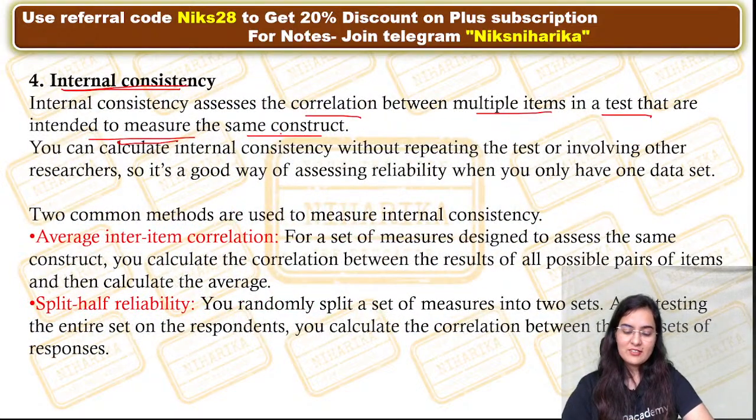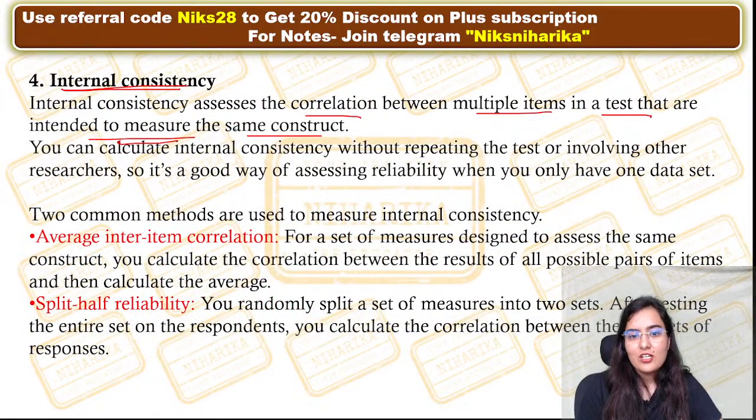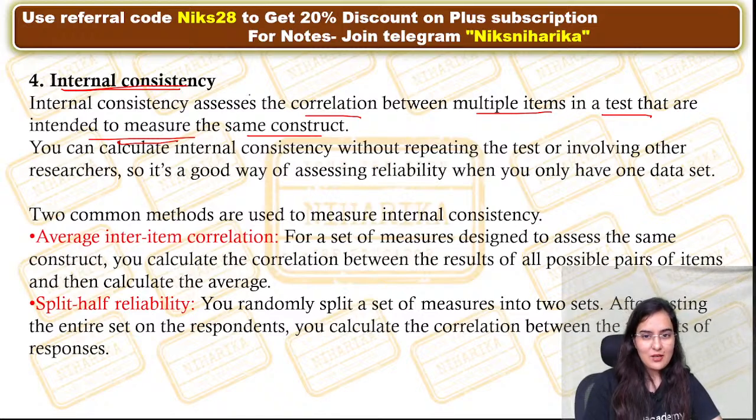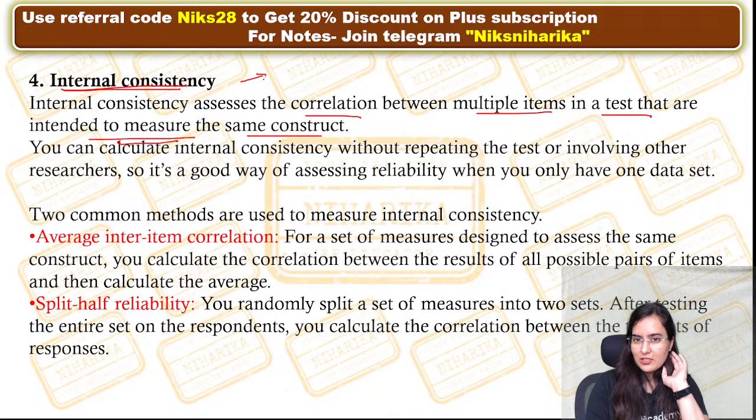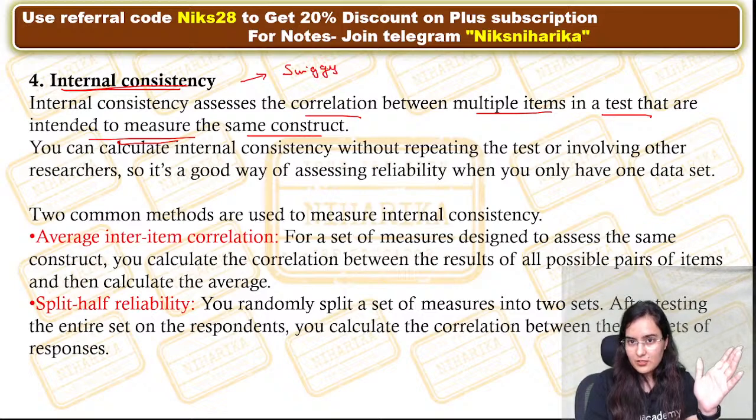Right? Now internal consistency. Here the best example which I find is internally. Internally you might feel, just like Swiggy, Zomato, they give the service, and then online shopping, or maybe Airtel, Dish TV.